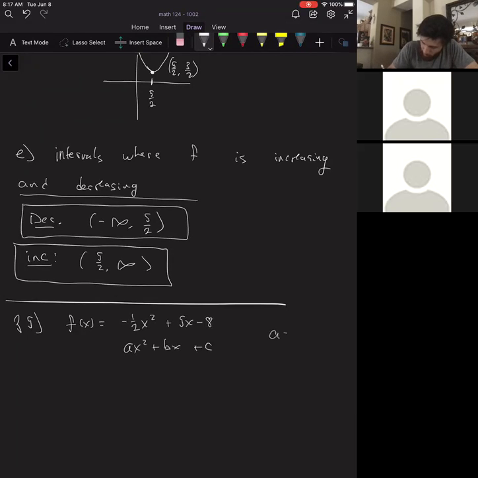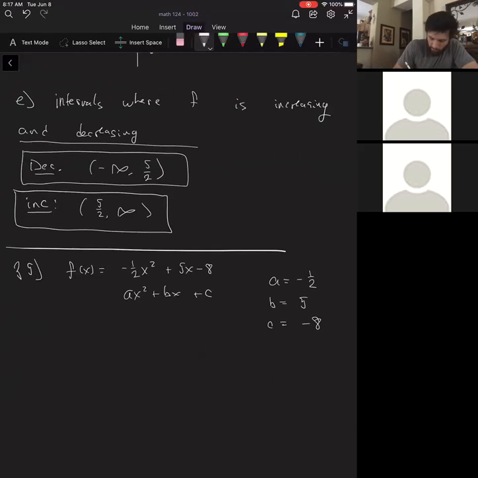So in this problem, our a is equal to -1/2, our b is equal to 5, and our c is equal to -8. So we'll start with the vertex. So we need to find negative b over 2a. That's always the first step.